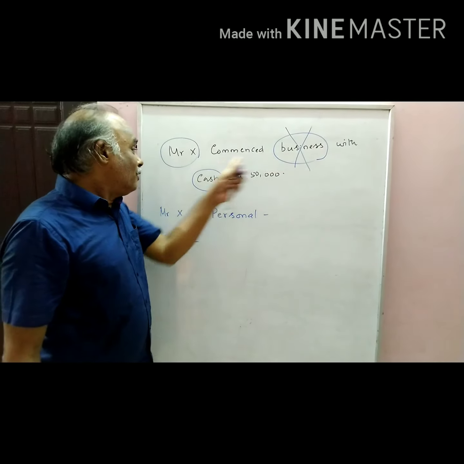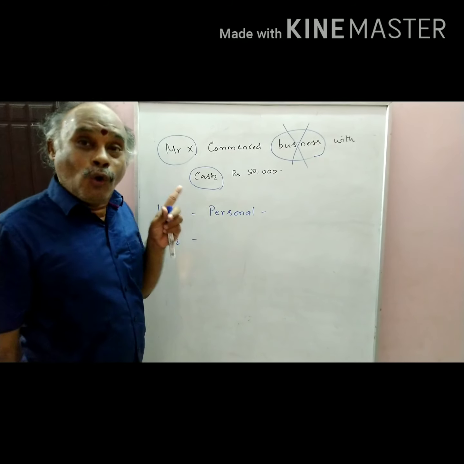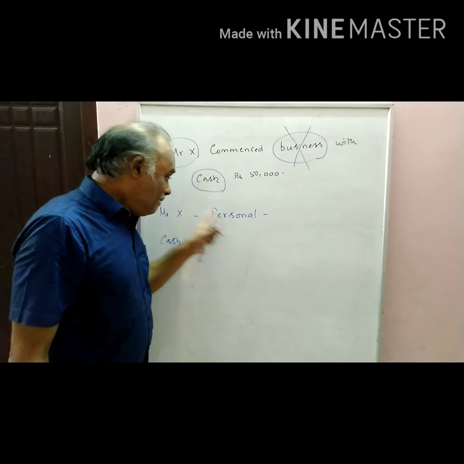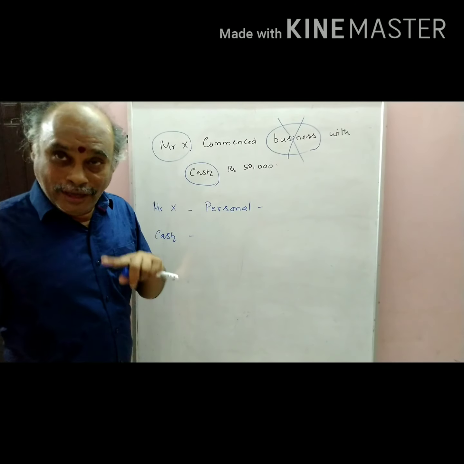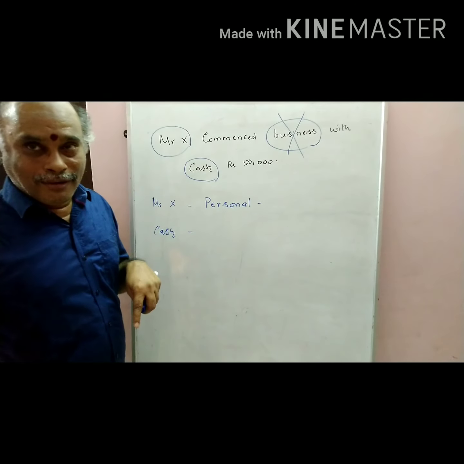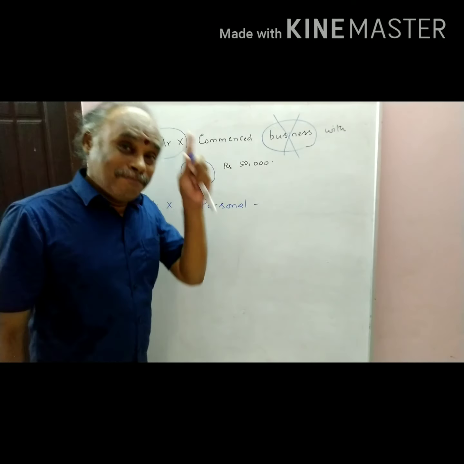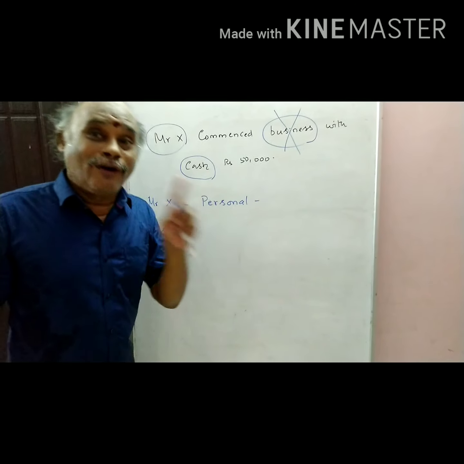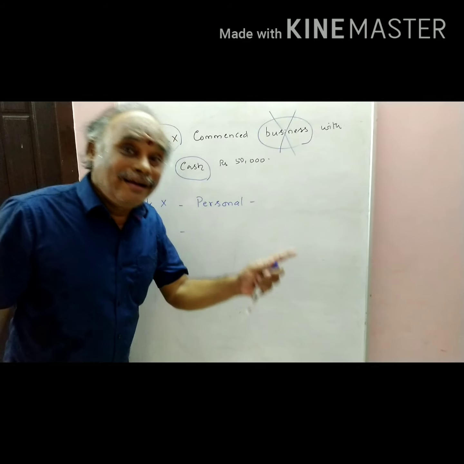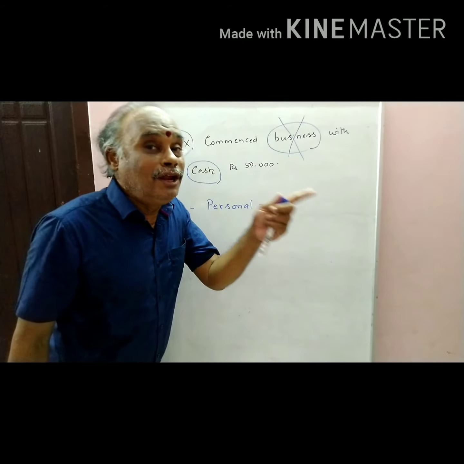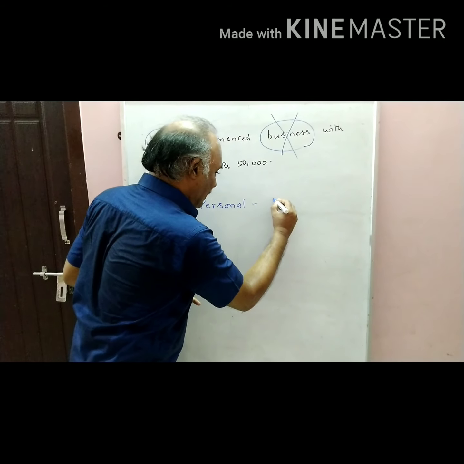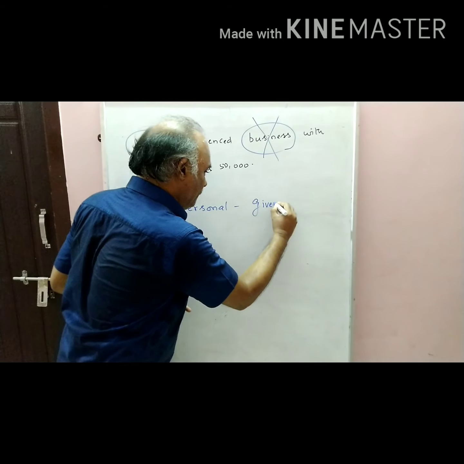Then in this particular transaction, what is the role of Mr. X? When I say personal, his role may be giving or receiving. He may be a giver or receiver. Now here, as per the entity concept, business is different and the owner is different. Here the owner is the giver of money to the business. Ultimately, he is the giver.